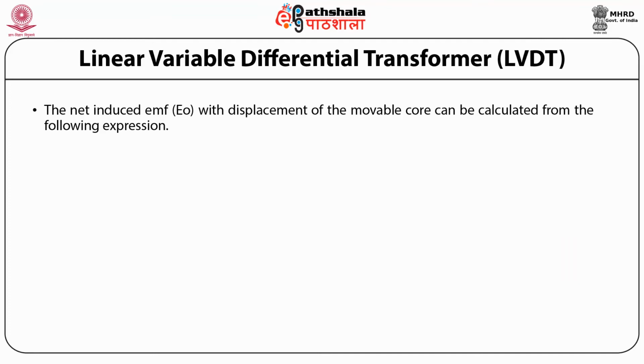The net induced EMF, that is E0, with the displacement of the movable core can be calculated from the following expression. E0(jω) = jω IP (4π NP NS μ0 b x) / (3 m ln(r0/ri)) multiplied by (1 − x²r²/2b²).